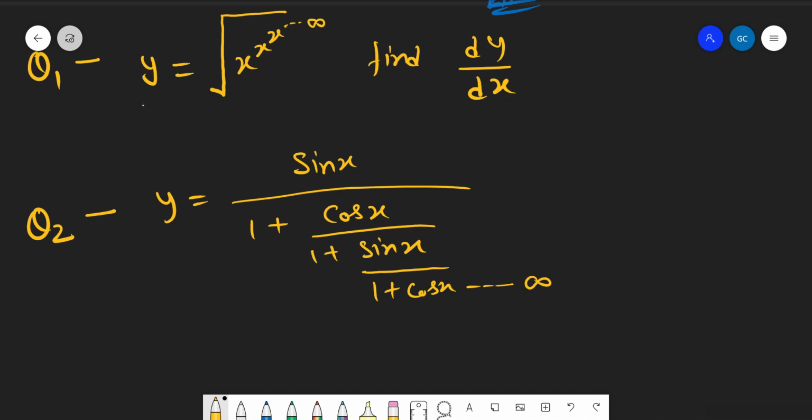So let's see question number one: y is equal to root of x to the power x, then again x to the power x, and likewise it goes to infinity. Let's go for the solution first.